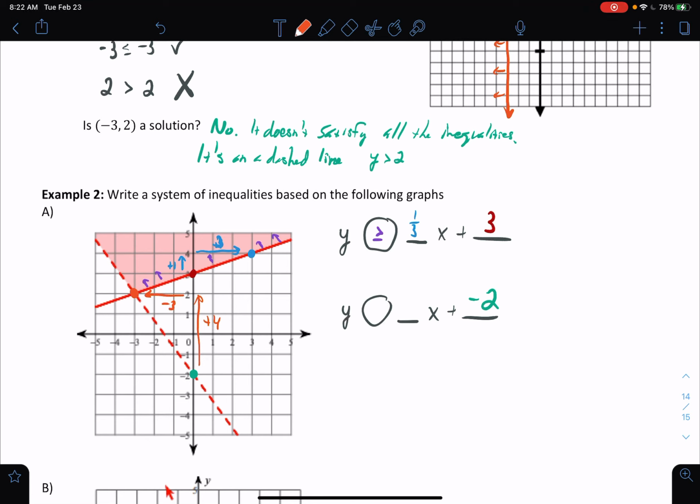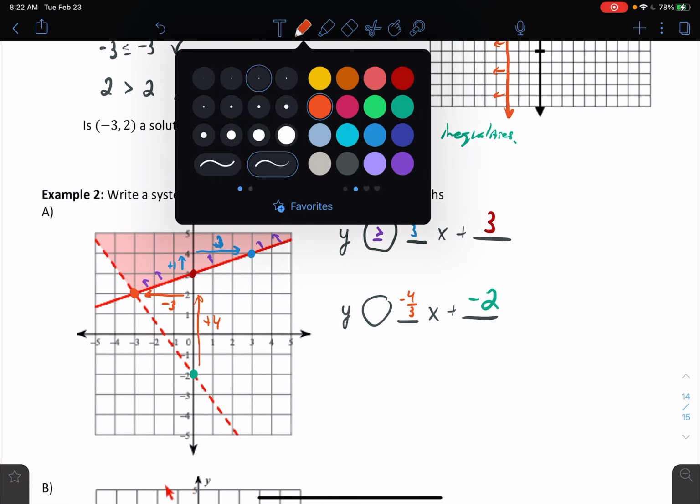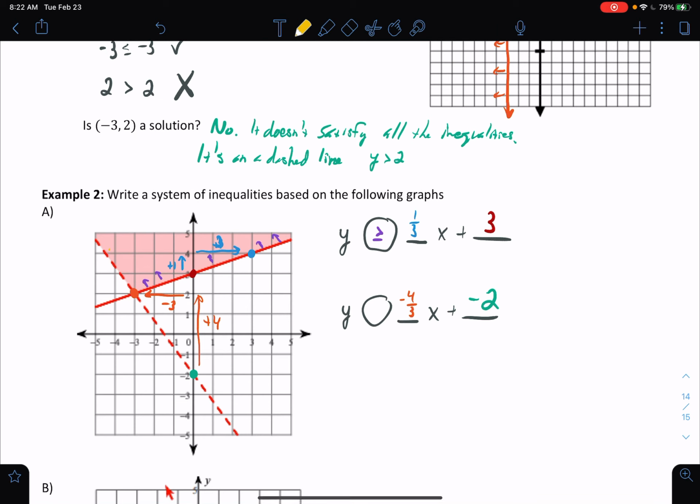So up 4 to the left 3, so my slope is going to be -4/3. And with this dashed line, notice how we're shading above the dashed line. So that means y is going to be greater than -4/3 x minus 2.